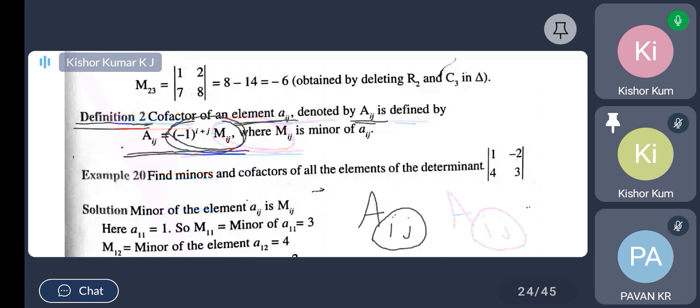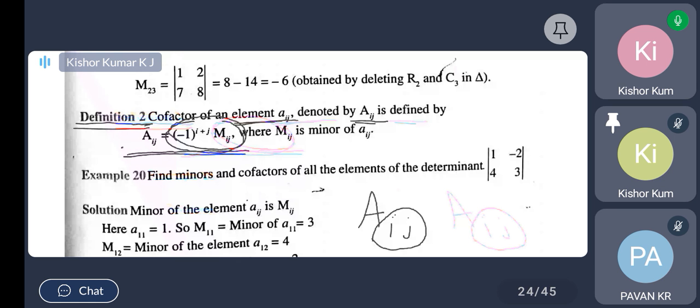First calculate that value of Mij, then you can easily substitute it in your Aij formula. And don't forget to consider minus 1 to the power i plus j, because the sign changes for different elements. If the power is odd, the cofactor will be negative. If the power is even, then the cofactor will be positive.